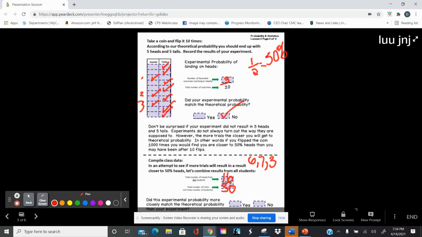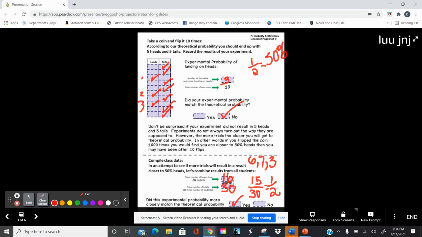That's pretty much almost 50%, right? So did this experimental probability match up a bit closer to what we got when we did the theoretical probability? It does, because an exact 50-50 number would be 15 over 30, because that equals 1/2.